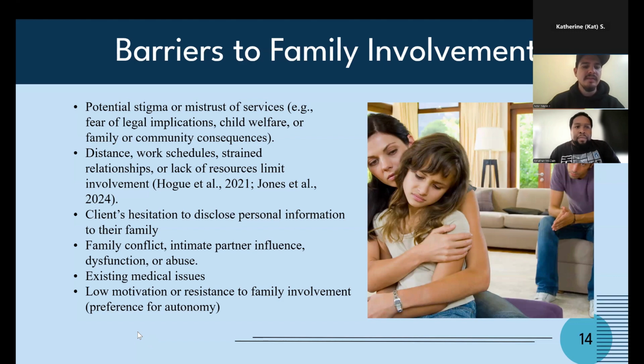So the instances of family conflict, intimate partner influence, I was speaking on a lot of this in previous slides as well. Dysfunction or abuse. Existing medical issues are a concern as well, and low motivation or resistance to family involvement, the preference for autonomy.